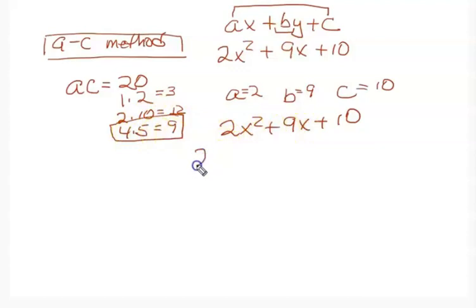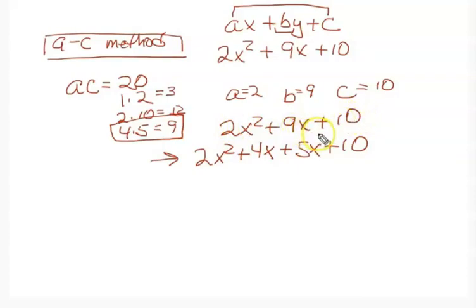And you get 2x squared plus 4x, then plus 5x, and then you bring in your C term, plus 10. Now notice that this 4-termed polynomial is equal to this 3-term trinomial.